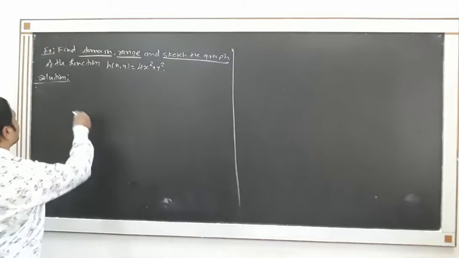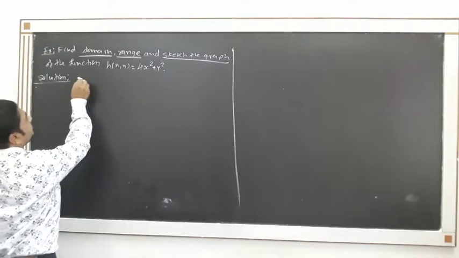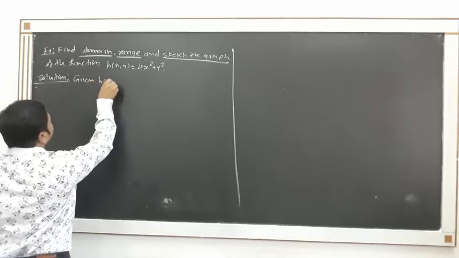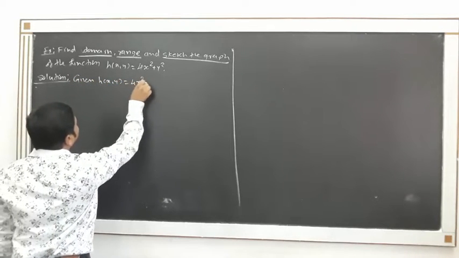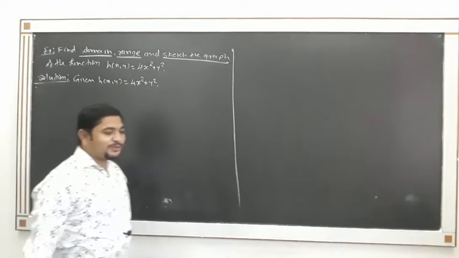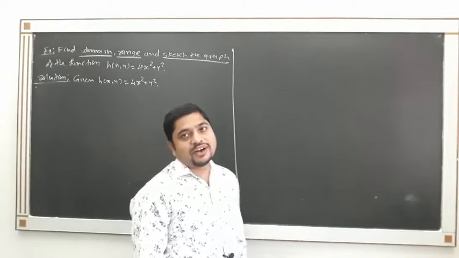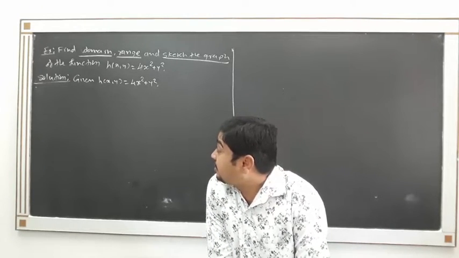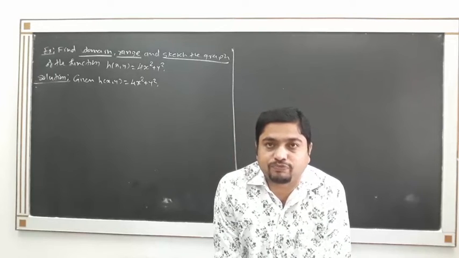First we have to find the domain. What is given? h of xy is equal to 4x square plus y square. For finding the domain, what are we keeping in mind? Where this function is not defined.